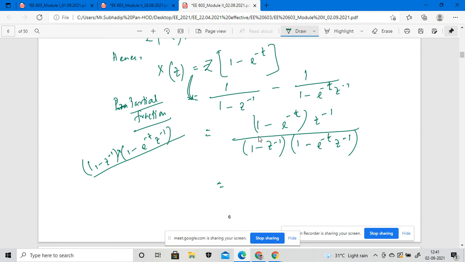Again we have to simplify in the form of z transformation. It will come 1 minus e to the power minus t into z. That means we are going from the inverse z form to the z transformation form. That means it will come z minus 1 into z minus e to the power minus t.